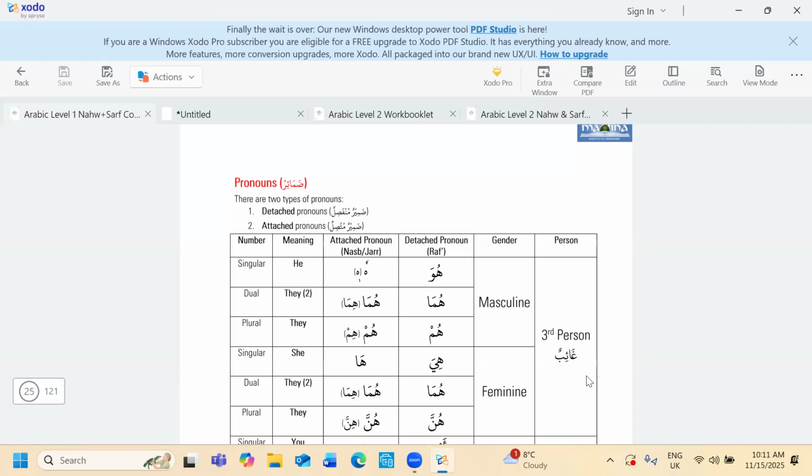What are they? Dhamir muttasil and dhamir munfasil. Muttasil, if you know the word ittisal, has to do with connection. So dhamir muttasil is an attached pronoun. Dhamir munfasil is a detached pronoun.